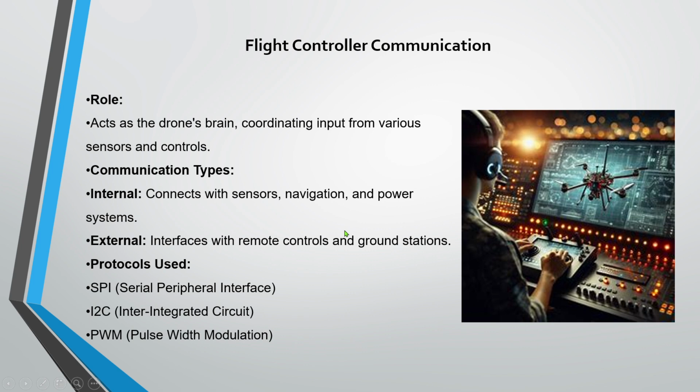There are two types of communication which the flight controller provides: the first is internal, and the second is external communication. Internal means it connects with the sensors, navigation, and power systems. And external communication includes interfaces with remote controls and ground stations.